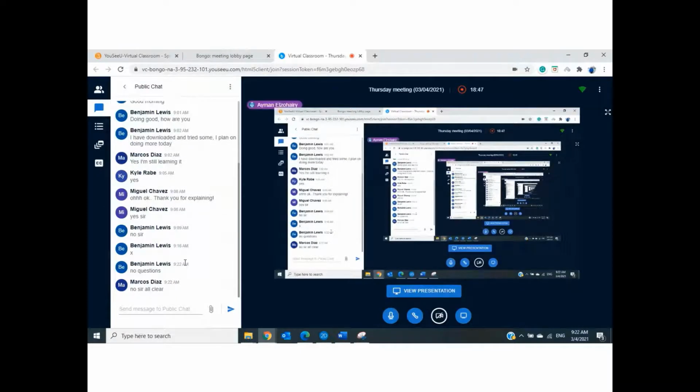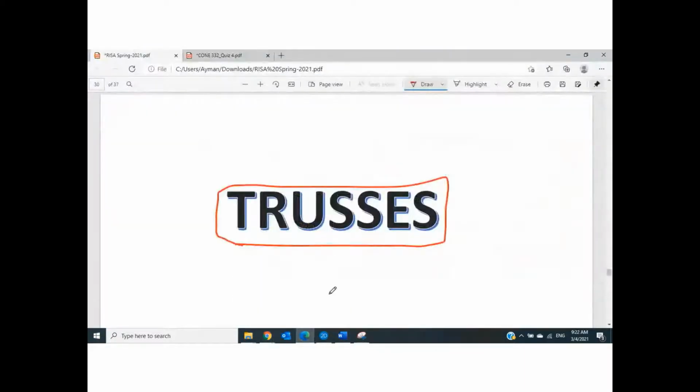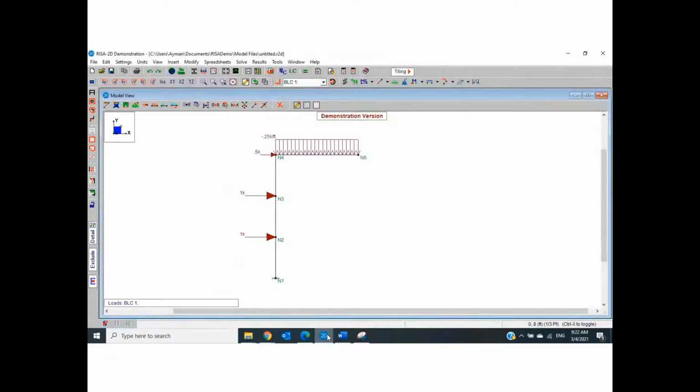Okay, as I told you guys, it's a good chance to learn this software. We spend more than 6 weeks learning how to solve beams, how to solve trusses, how to solve frames. In few seconds, you can solve your structure on this software.